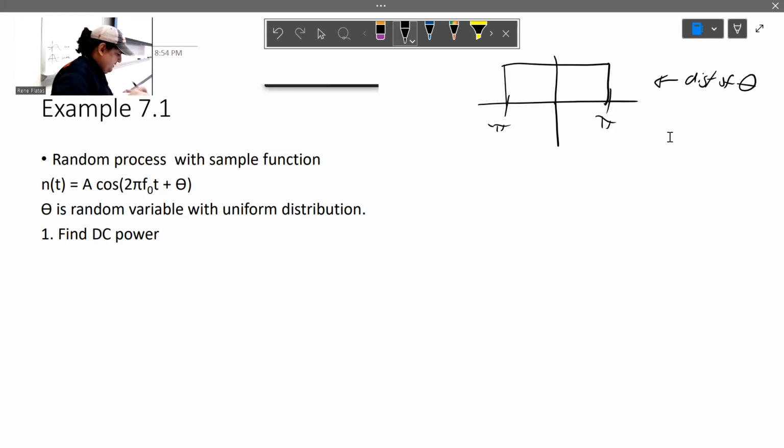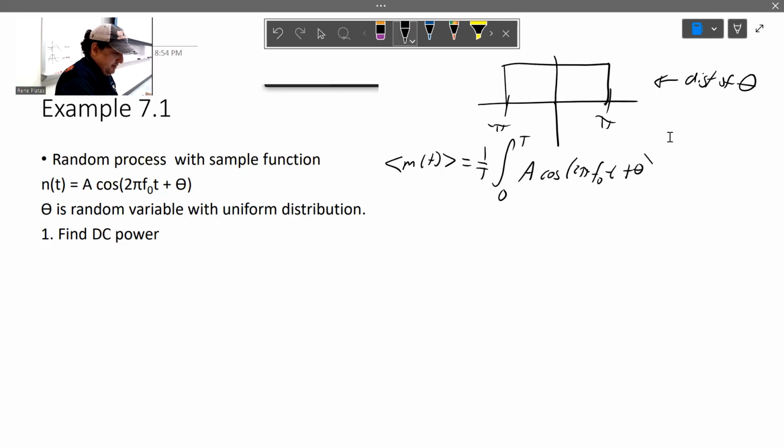So according to this, in order to find the power of X(t), that's gonna be equal to 1/T integral from 0 to T of cosine of 2 pi f0 t plus theta dt.